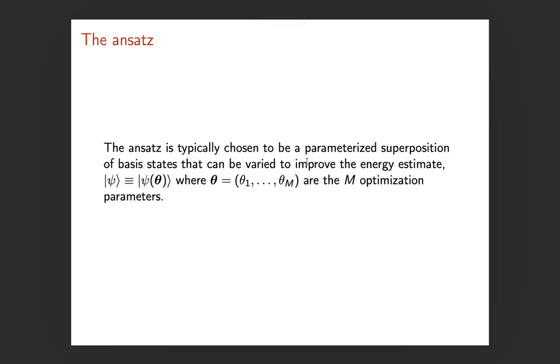So the ansatz is typically chosen to be a parameterized superposition of basis states. These different rotation matrices, which we have discussed, allow us to perform this kind of parameterized superposition of basis states. And that means that for the 1 qubit case, we end up with a state which we can then represent on the Bloch sphere.